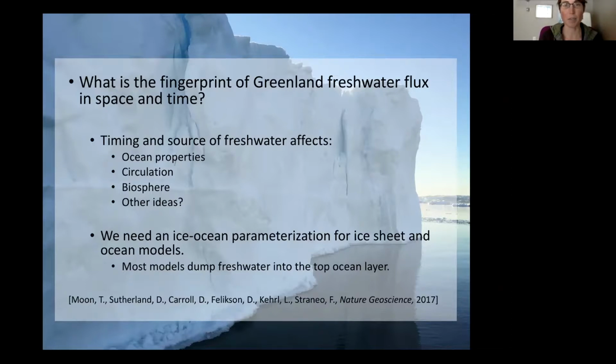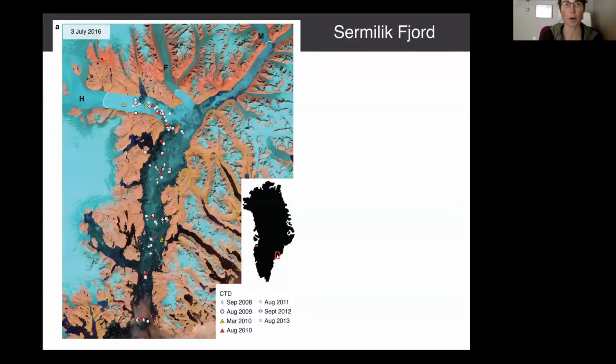And I'll be focusing in on this for our pilot study, which was here in Sermilik Fjord. And you can see we have Helheim, Fenris, and Midgard glaciers feeding into this fjord. And we're primarily focusing on this fjord region, not as much including the arm here up to Midgard.